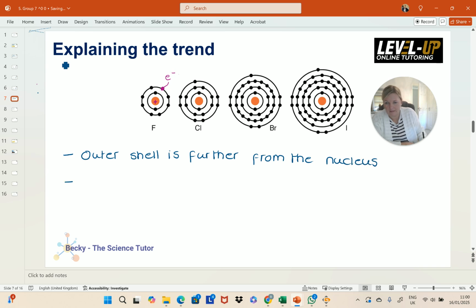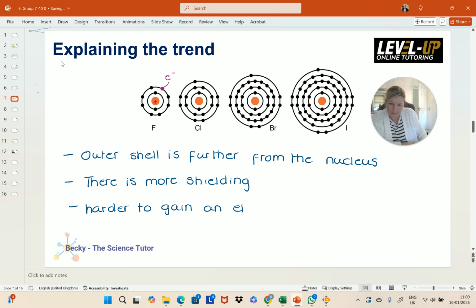There is increased shielding, or there is more shielding, because each time we move down we have another shell of electrons. And that means that it's harder to gain an electron. And this is your same general idea for whatever way round it's asking you.